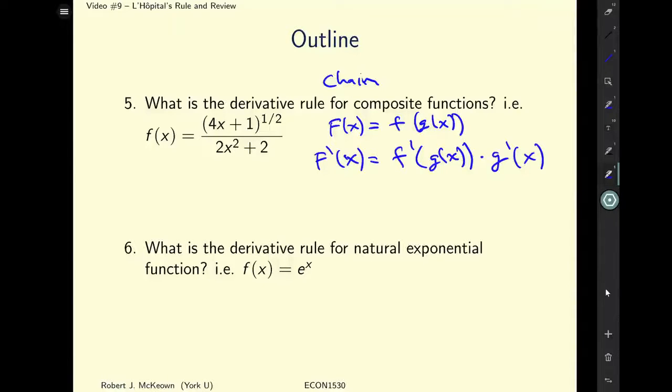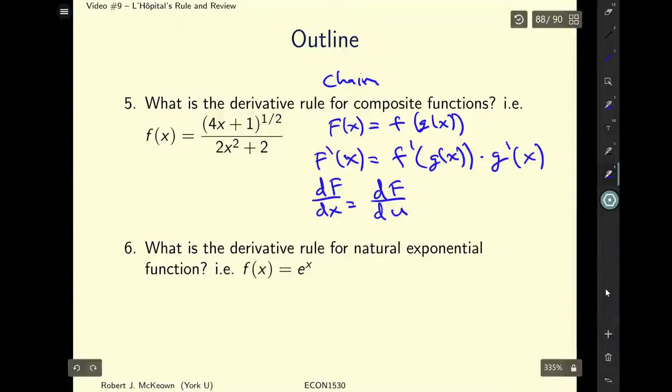And in Leibniz notation, it was df over dx is equal to df over du, or I guess in this case we're not using u, we're using g, times dg over dx.